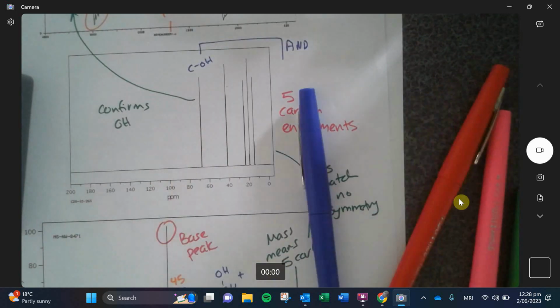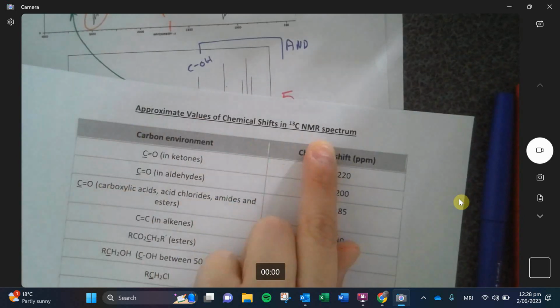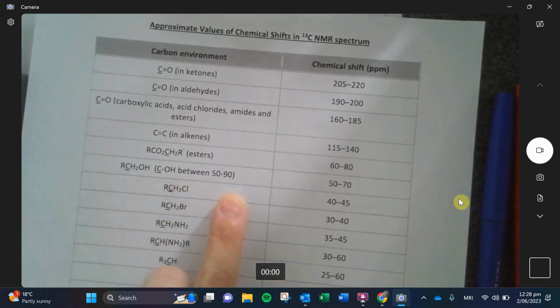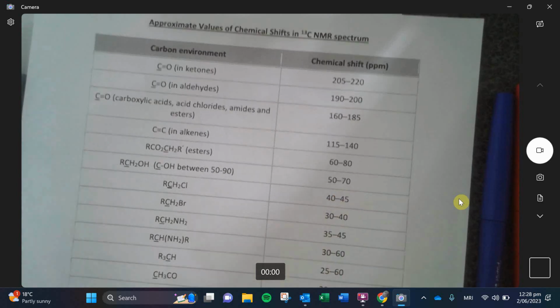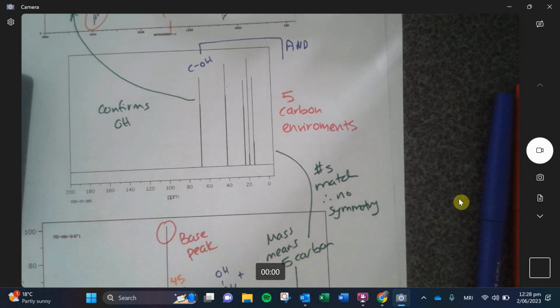So I used the resource sheet, and you see how this has approximate values for chemical shifts in the C NMR spectra. I look for the OH, and it says it's between 50 and 70. And then when I look on here, that is between 50 and 70. Yeah? It's just a way to confirm yourself.